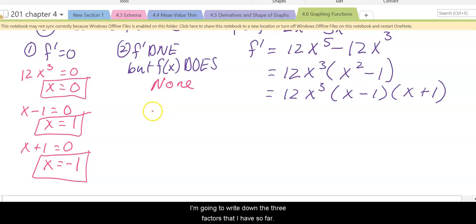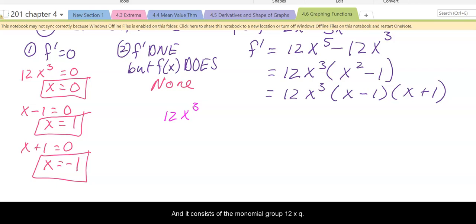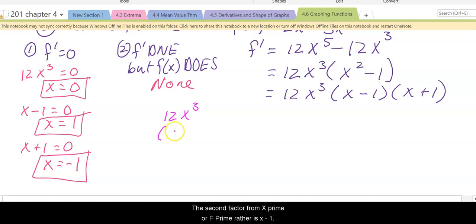I'm going to write down the three factors that I have so far, and I'm going to create a number line for each one. 12x cubed is my first factor from the first derivative, and it consists of the monomial group 12x cubed. The second factor from f prime is x minus 1. The third factor is x plus 1.